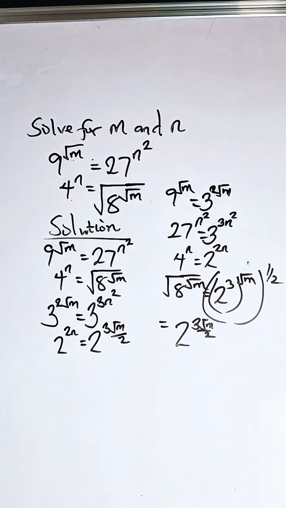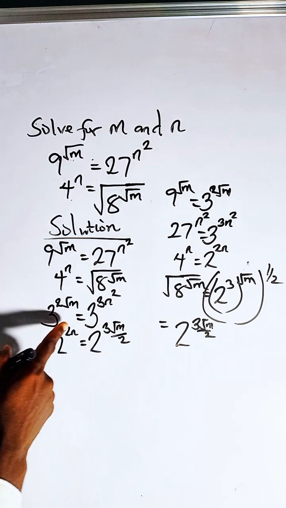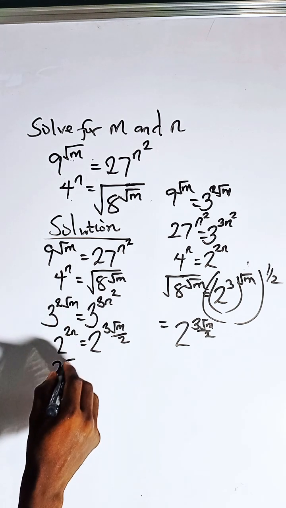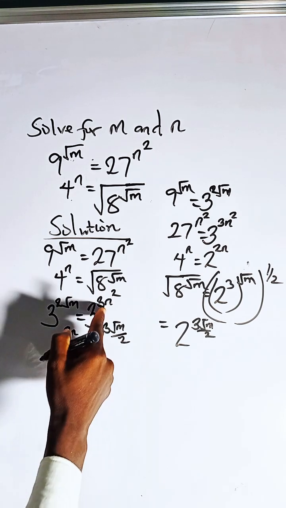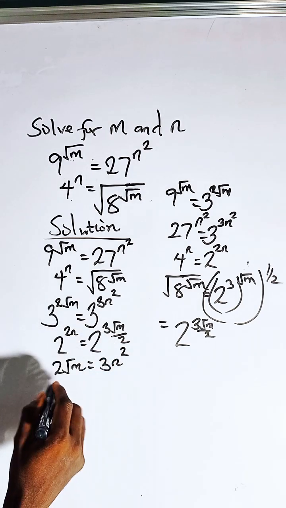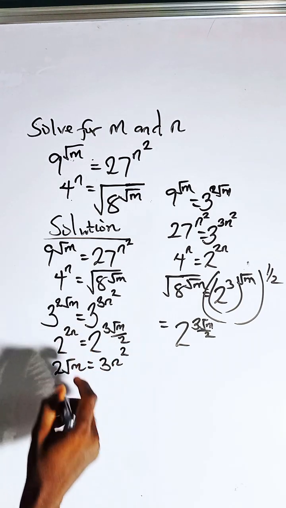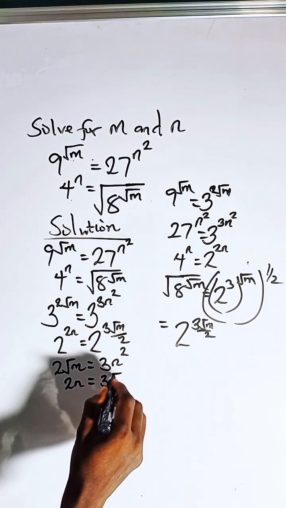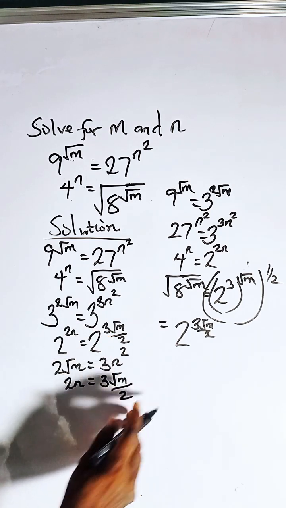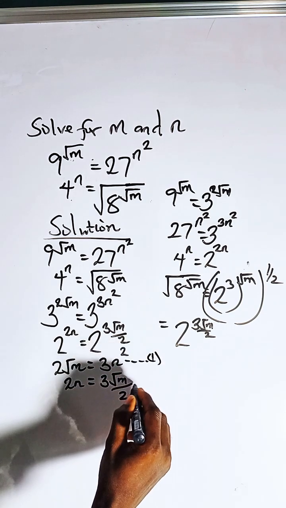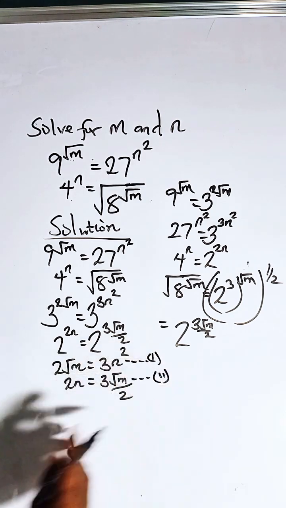At this point we have the same bases, so we have 2 root m equals 3n squared, and 2n equals 3 root m over 2. Let's take the first as equation 1 and the second as equation 2.